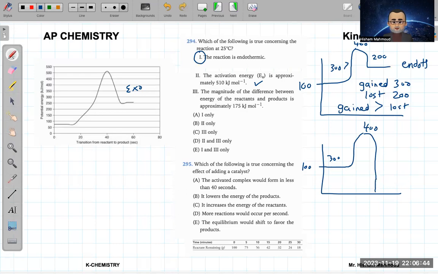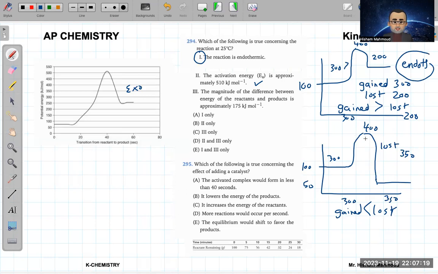Imagine that this is the 0. Or let's make a number which is not 0, like you lost 350. So you become 50, صح? You lost more than you gained. You lost 350 and you gained only 300. Here you lost 200 and gained 300. When you gain more than you are losing, you are endothermic.